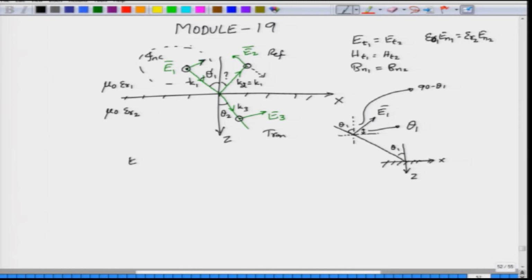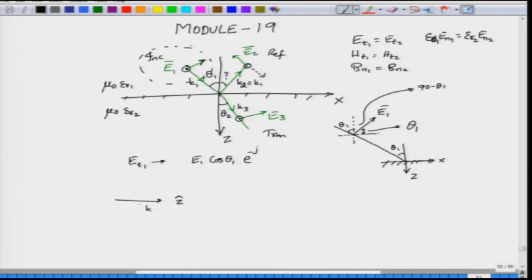The tangential component is given by E1 cos theta 1, that is the amplitude, but there is also a phase. Now, what is the phase here? In so far as what we have considered, our direction of k was exactly equal to one of the unit vectors. It could be z, x or y; we have taken it to be z.